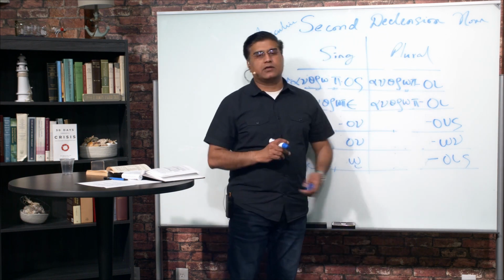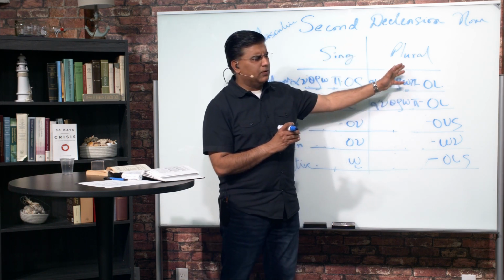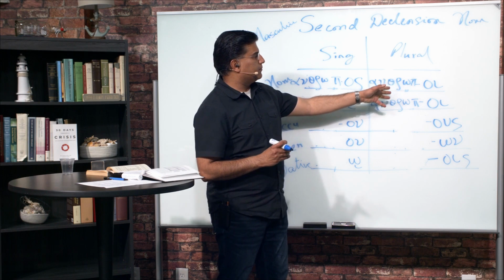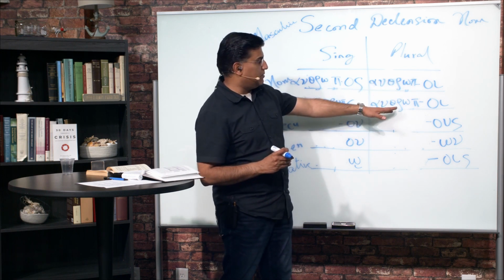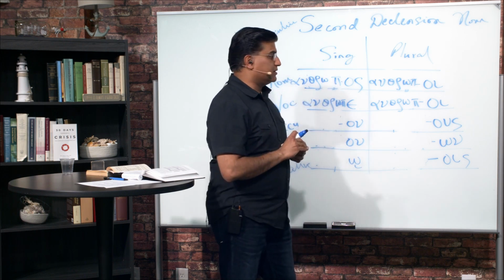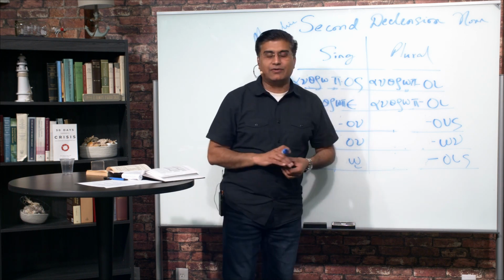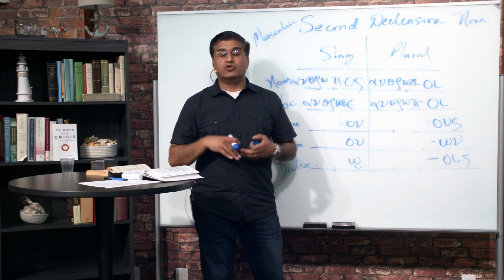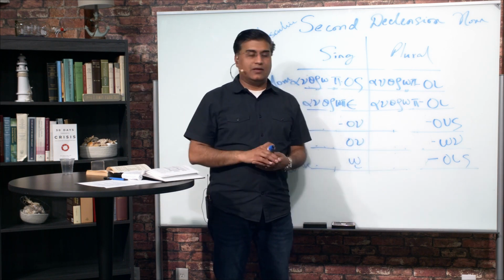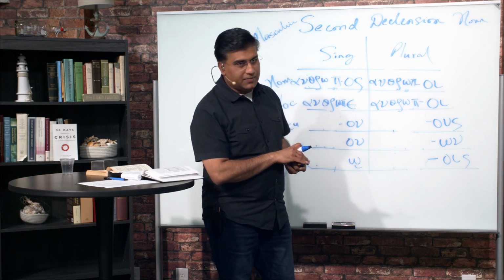Now, here's where people get confused. They go, wait. Isn't the plural nominative the same as the plural vocative? Yes. But what makes a difference is the context. So when you're reading the sentence, you have to look at the context. If it's addressing men, then of course it's not a subject. It's not the nominative.